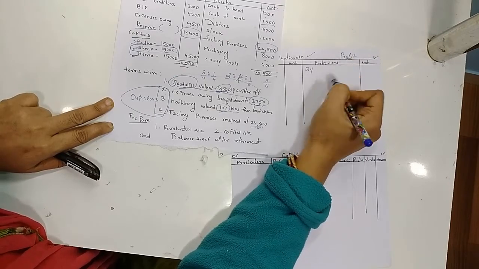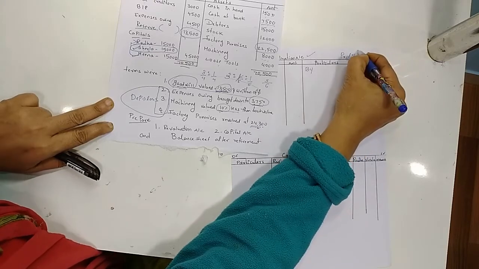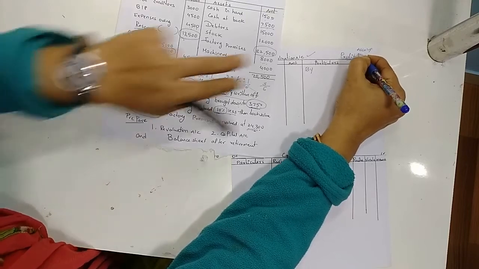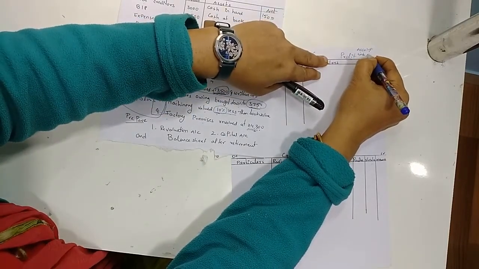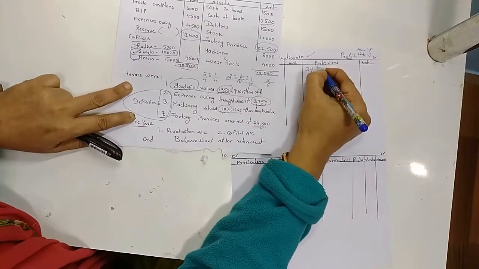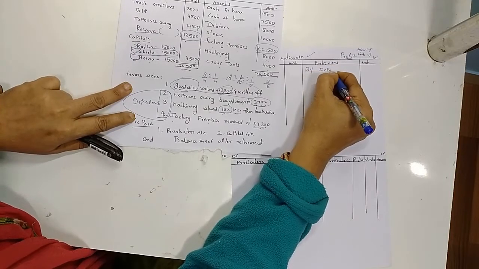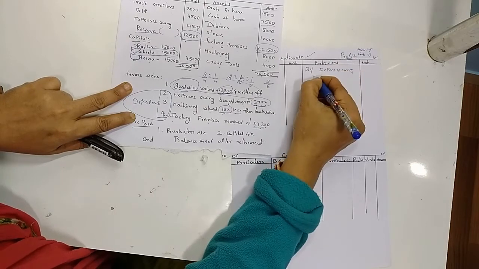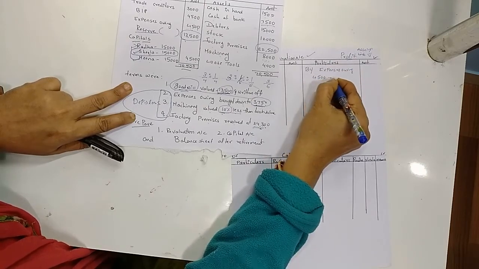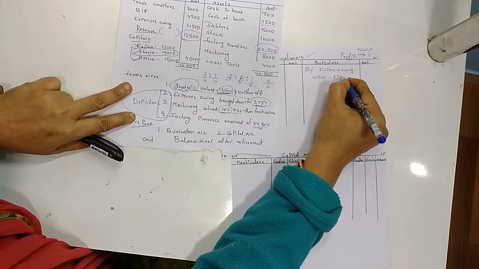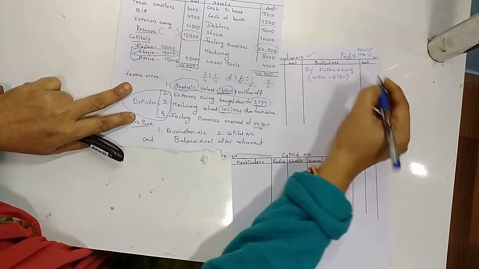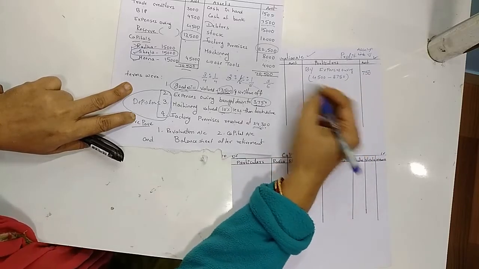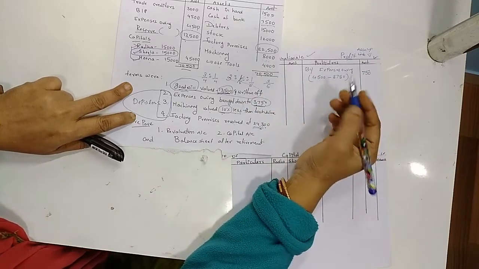So profit goes this side. Otherwise you can remember with this point also: if an asset increased, profit. If a liability decreased also, profit. By expenses owing, previously 4,500 was your burden. Now it reduced to 3,750. So you have a 750 difference between the balance sheet and the adjustment amount.